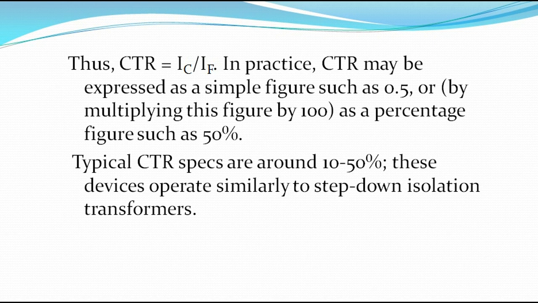In terms of practice, the current transfer ratio may be expressed as a simple figure such as 0.5, just as an example, by multiplying this figure by 100, because whatever has to do with percentage, you must multiply by 100%. Once you multiply it, 0.5 will give you the figure of 50%.